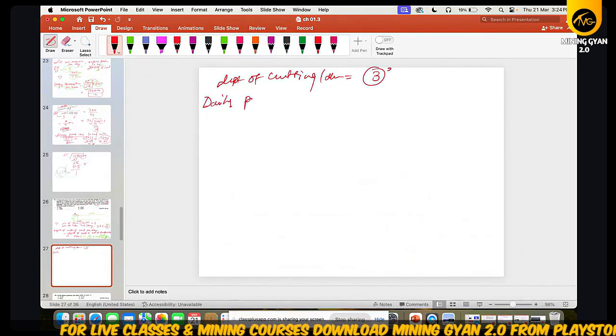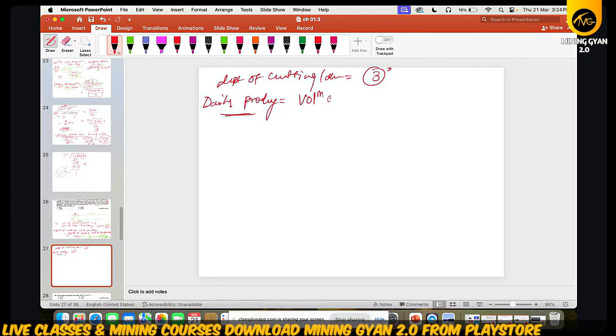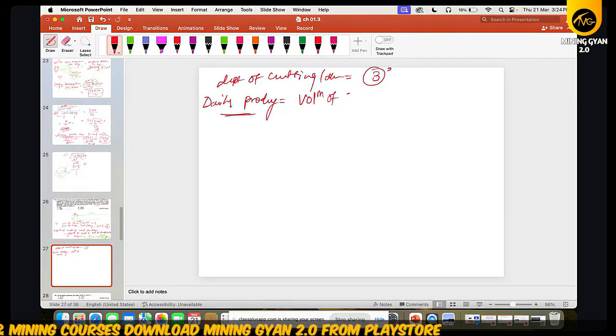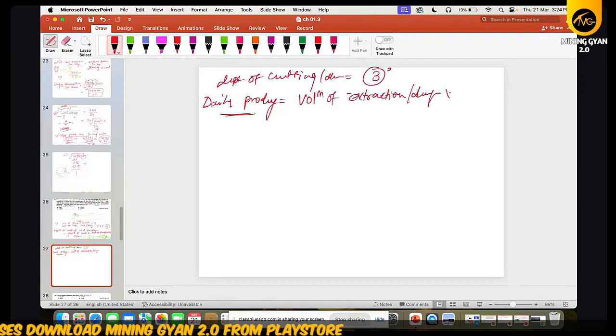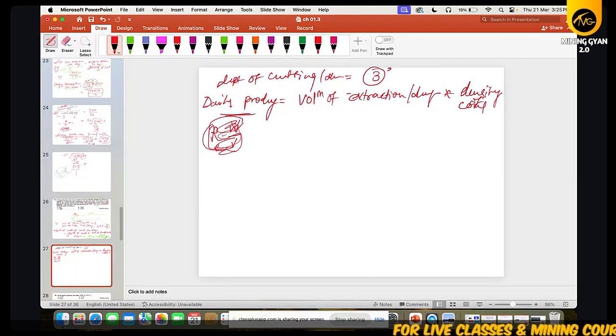Daily production, what will it be? If we want to know daily production, then we have to find the volume of extraction per day, multiplied with the density of coal. You already know density equals weight by volume. When you multiply density with volume, you will get the weight or production.